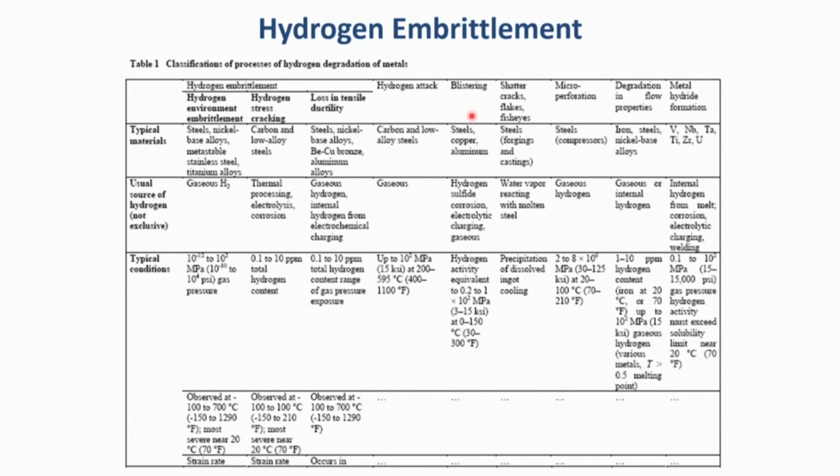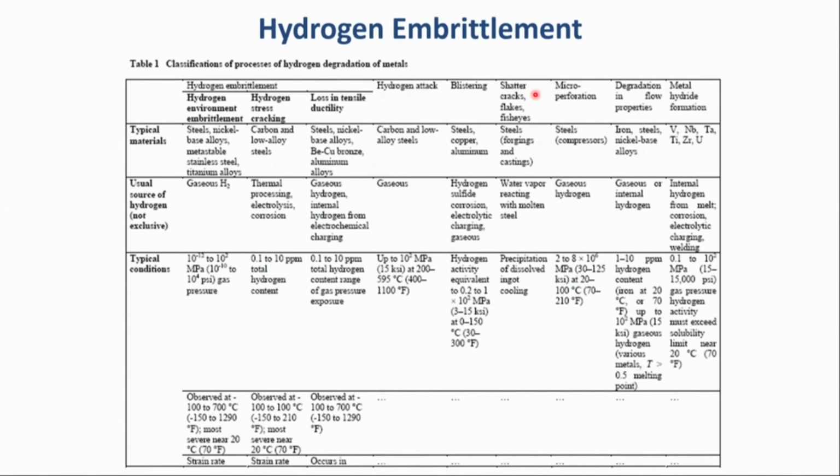Blistering is a phenomenon observed in steel, copper, and aluminum based alloys where diffusion of hydrogen atoms through the component is responsible. Hydrogen atoms diffuse and convert from atoms to molecules and then apply pressure. By that process there is a lot of swelling in the component when it exceeds the yield strength of the material, and you will find local blister formation inside the component.